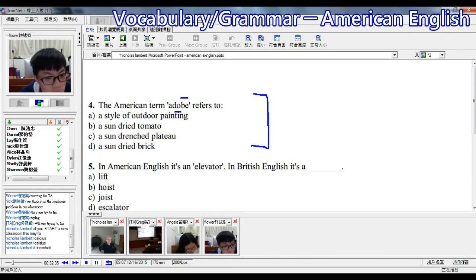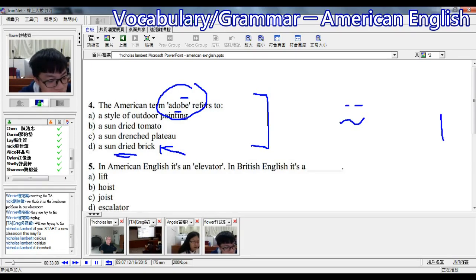All right, here we are. Now, what did you say? I think the answer is D, a sun-dried brick. Correct. So Adobe is a type of sun-dried brick. I didn't know this. So it's not a common word.